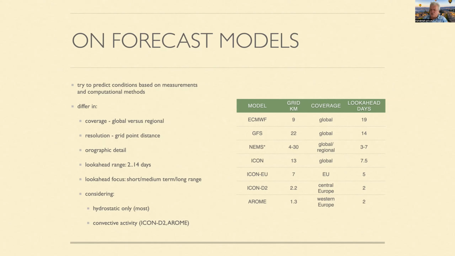Well, it's not a continuum over the whole Earth's surface. Rather, the Earth is divided into a grid, and forecasts are computed for each grid point, but not for the points between them. So one of the key parameters of a model is the grid resolution, the point distance.